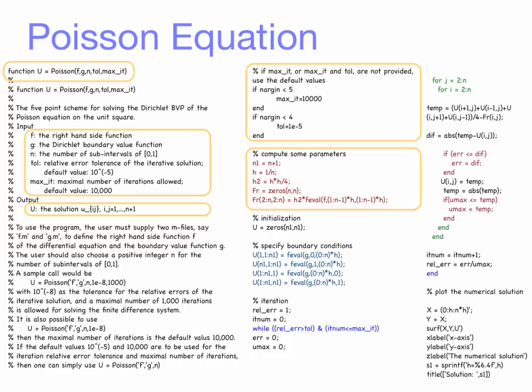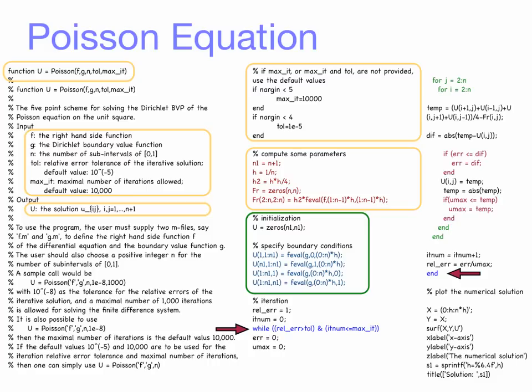Then the first order of business after that is to fill in the values of the field variable capital U at the boundaries. So 4 statements take care of the 4 edges of our square domain, where g is evaluated, g being the function handle supplied by the user, which gives us the prescribed values of u at those locations.